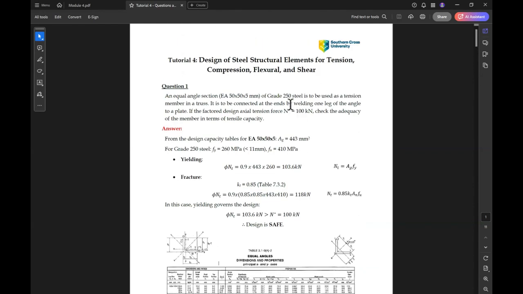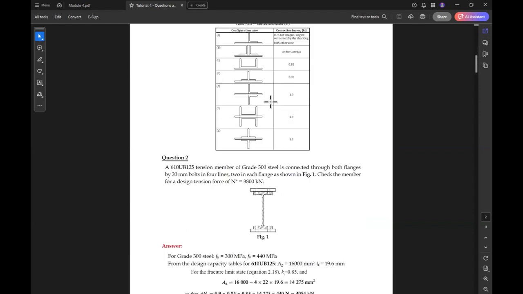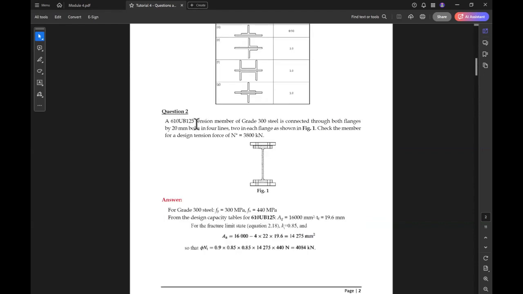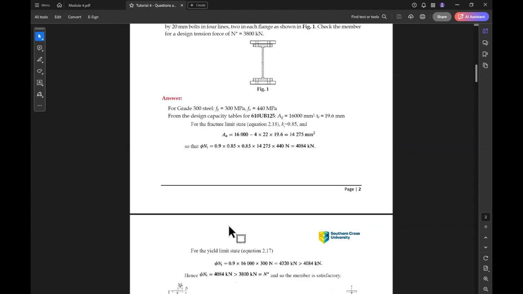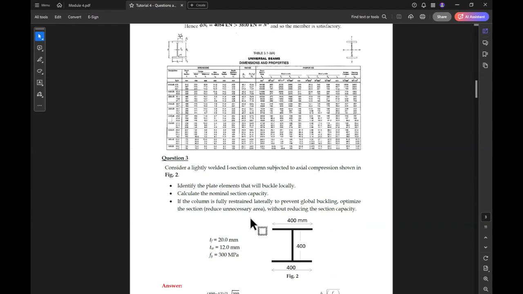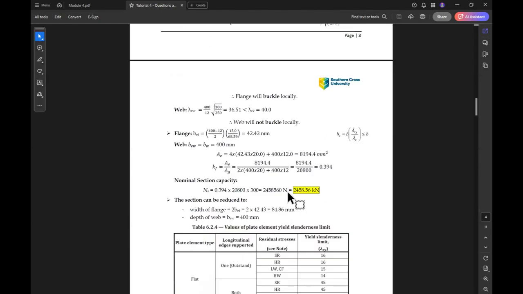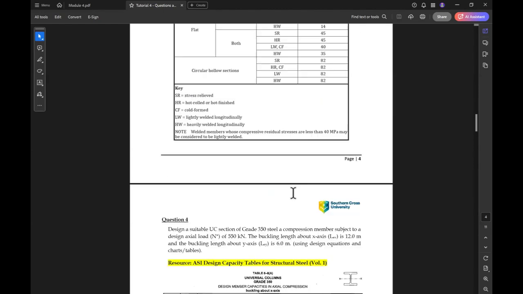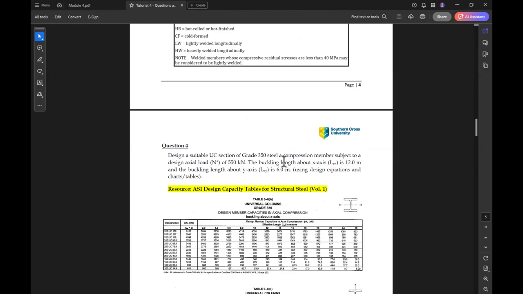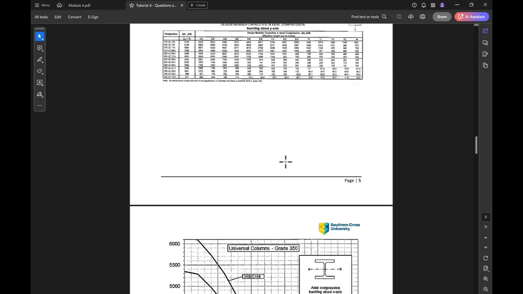So for the first example here, we have a tension member. Just to quickly have a look. For the second one, we have again a tension member. The third one, we have a compression member. Question number 4, we have also a compression member.